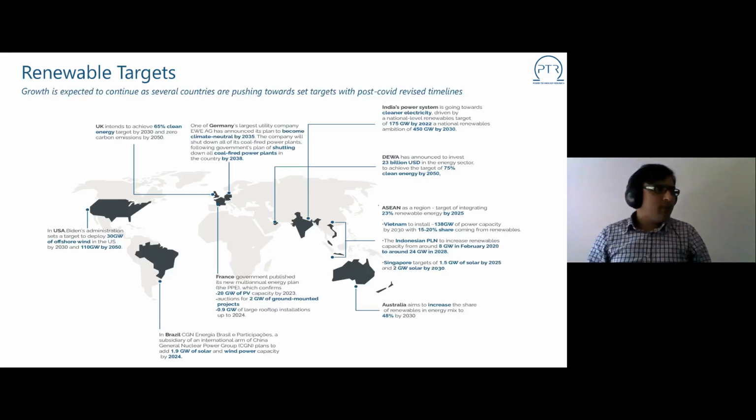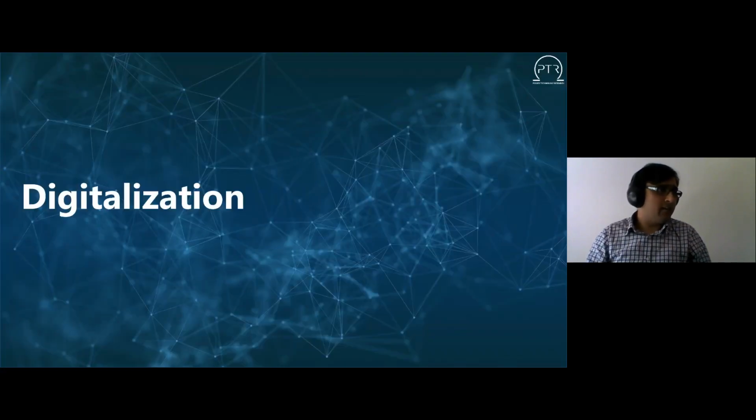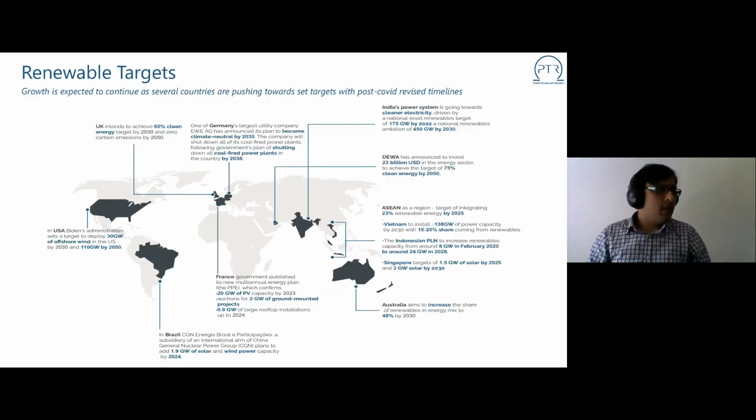Moving forward, a lot of countries have their own targets set as far as the wind and solar industry is concerned. If we look at markets like US, UK, Germany, Brazil, Australia, there are set plans.